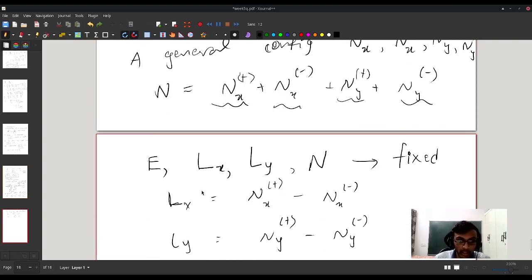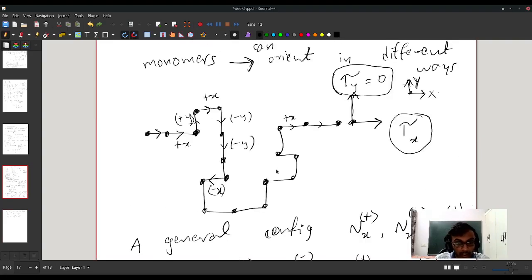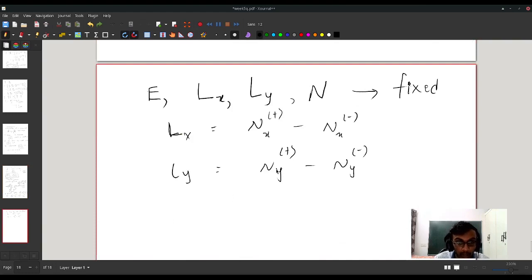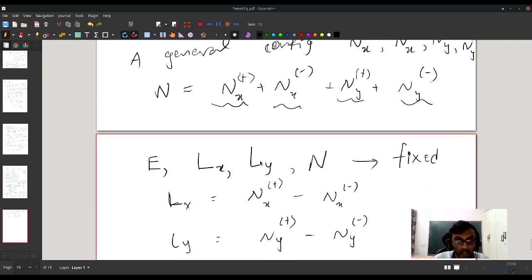The key ingredient here is the statement that some energy cost has to be paid if the monomers orient in the plus or minus y directions.